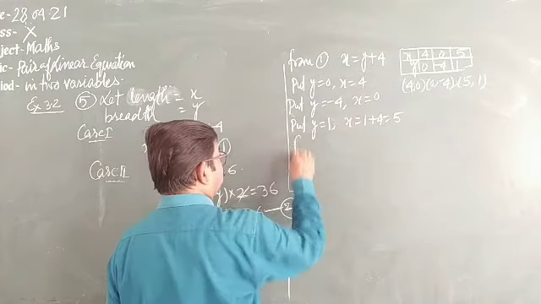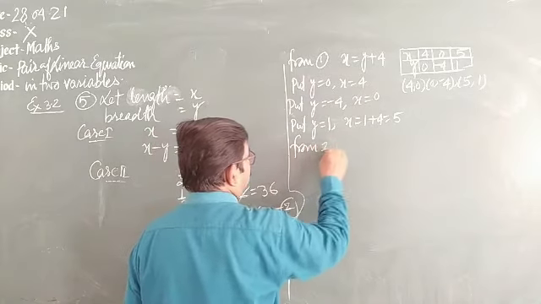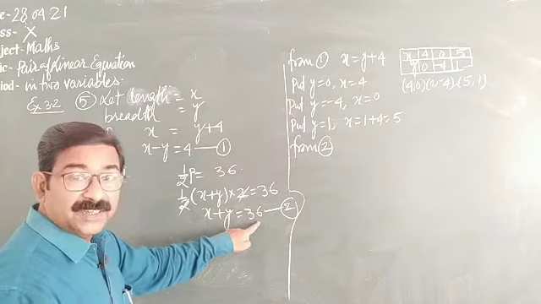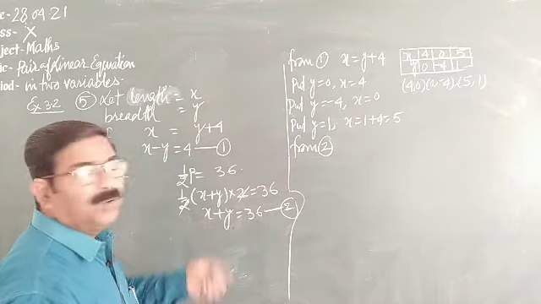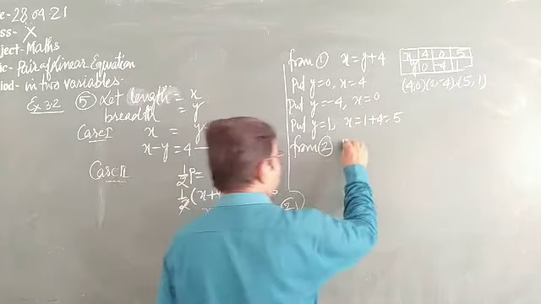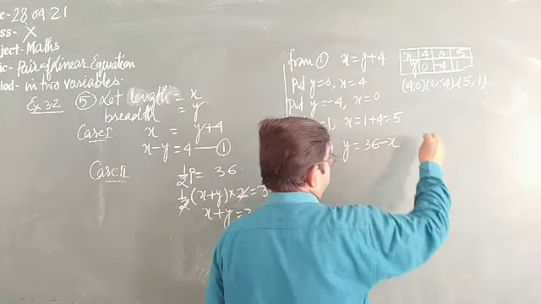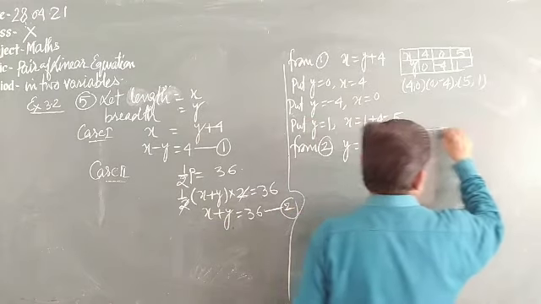Now from equation 2, x plus y is equal to 36, get the value of y: y is equal to 36 minus x.